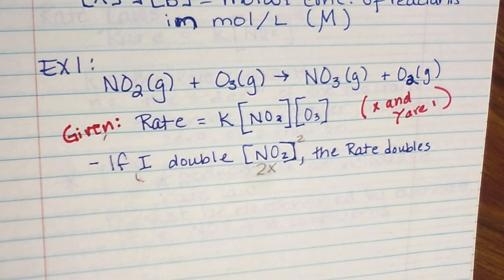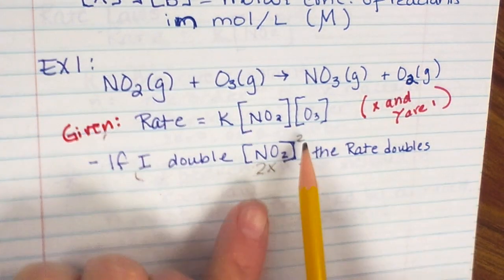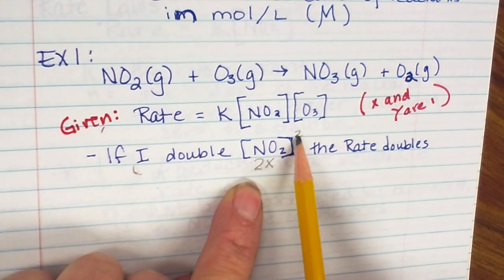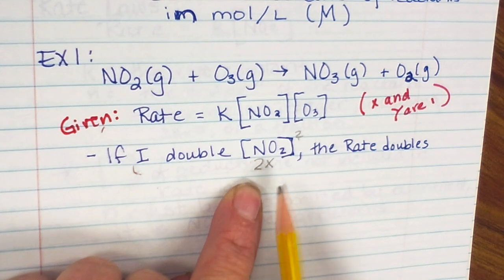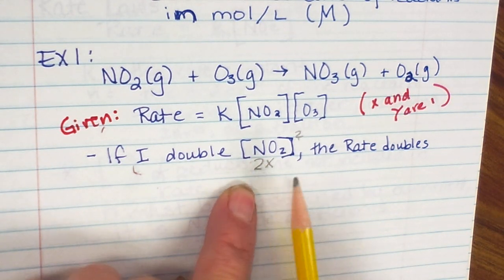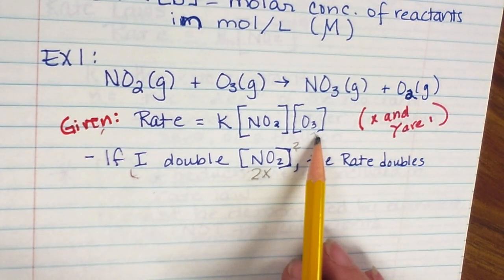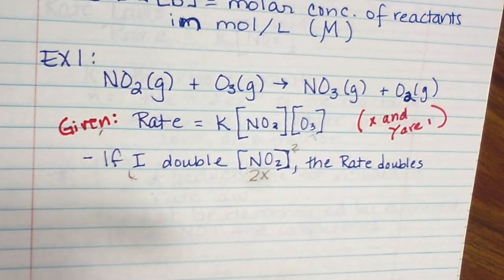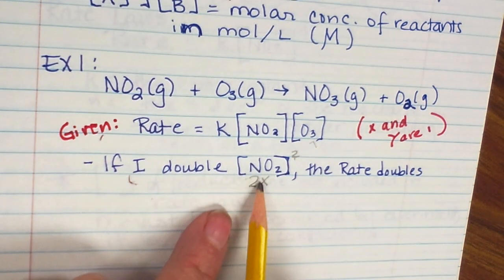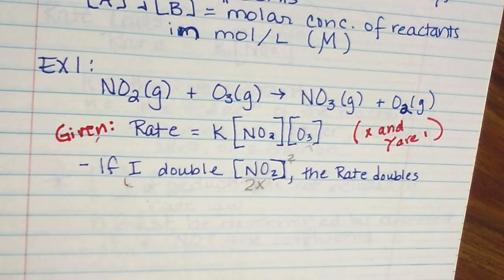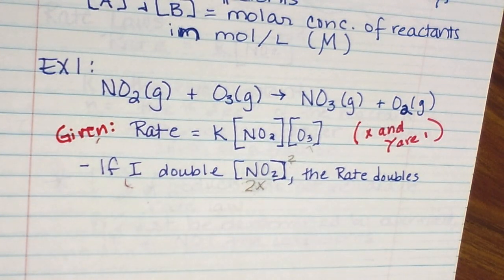If you know that it's a 2, then if I double the concentration, the rate goes up by a factor of 4. But if you don't know it's a 2, and in the experiment you have data that tells you I doubled my concentration and my rate went up by a factor of 4, then you know that your exponent is a 2.